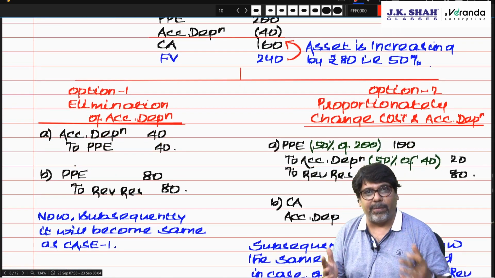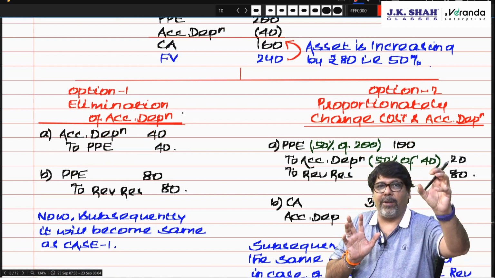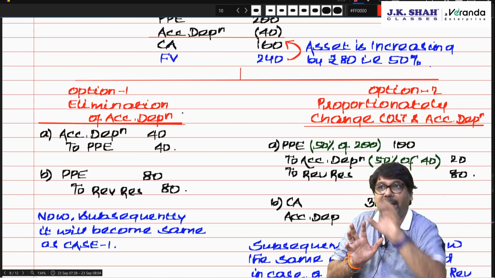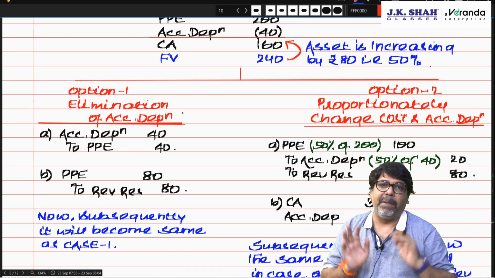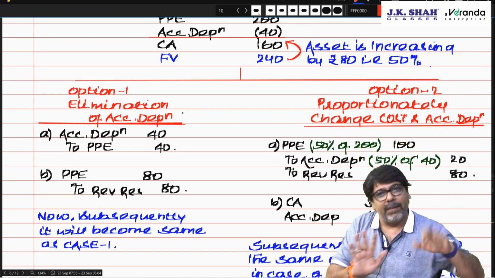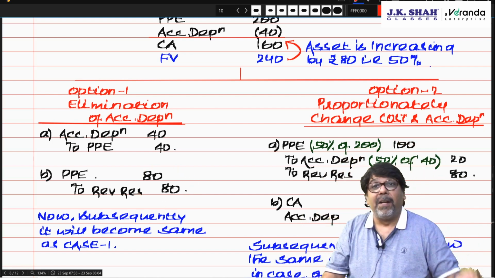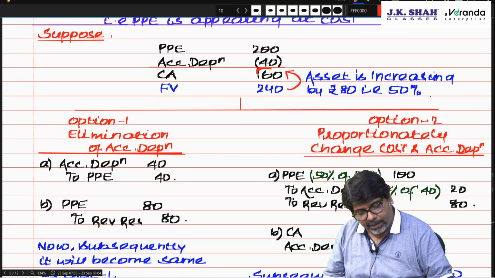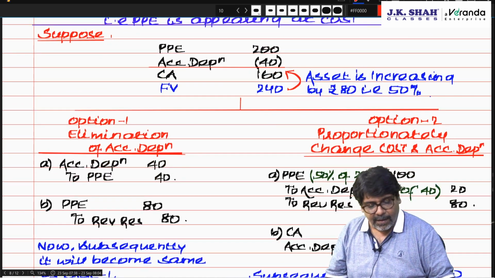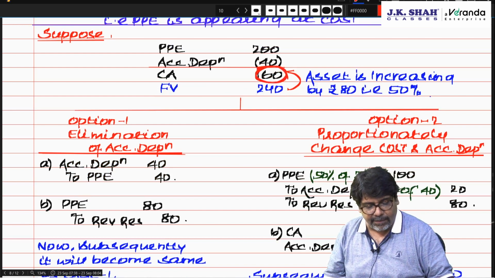In this, you have two approaches. One is elimination: you remove accumulated depreciation by debiting accumulated depreciation and crediting PPE. That means accumulated depreciation will go and PPE will reduce, so PPE will come at written down value. Then you can do normal revaluation as you did in the first case. But if you do not want to remove accumulated depreciation, then check by what percentage it is increasing. From 160 to 240, it is increasing by 80. 80 is 50%.